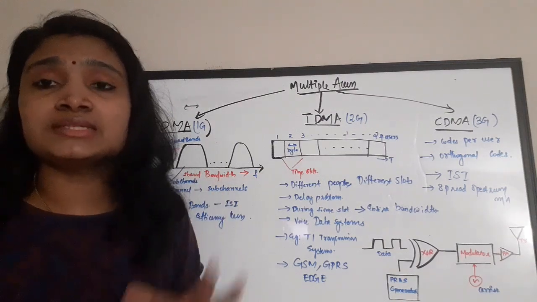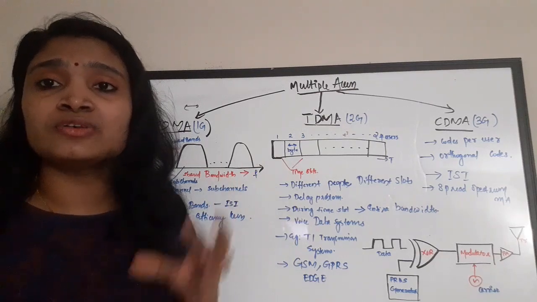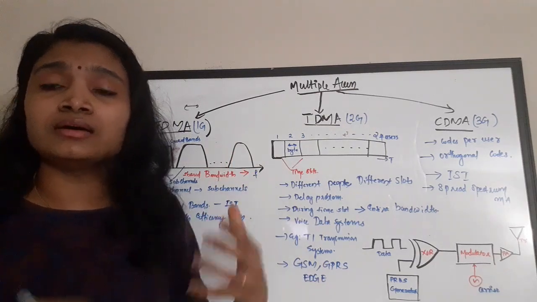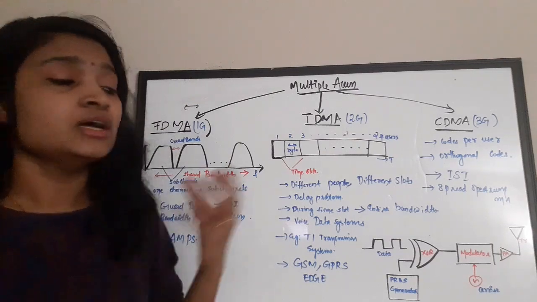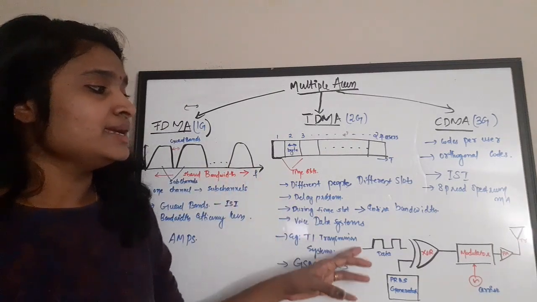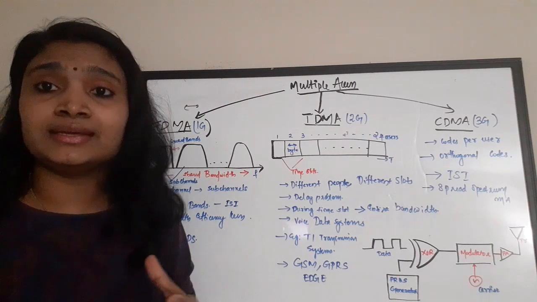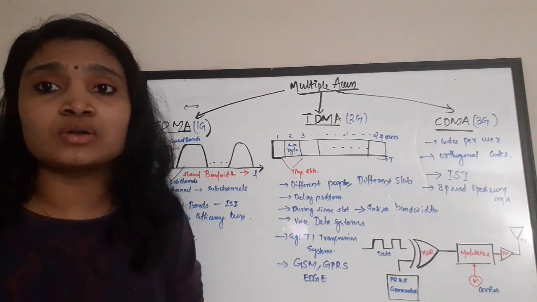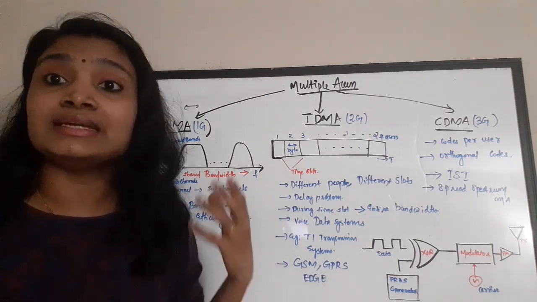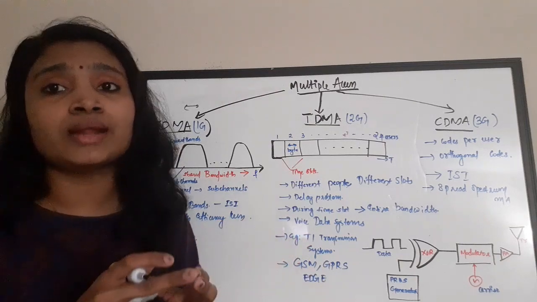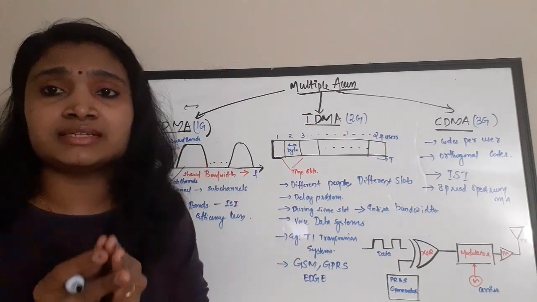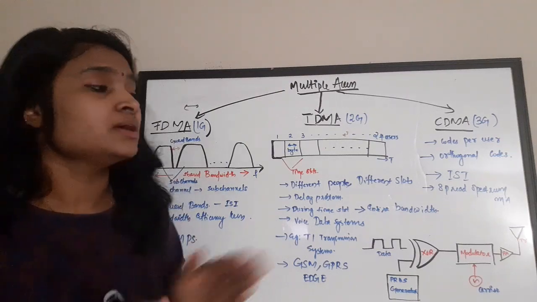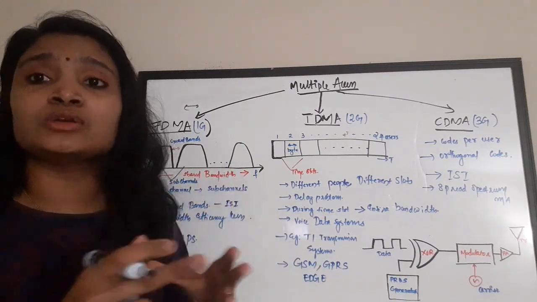That is, the concept is to take the XOR of the data or some information. Generally, binary information will be sent, right? So we are taking the bitwise XOR of this binary information with the pseudo-random sequence. And this pseudo-random sequence with this data will form a code. Okay, so that is the code for that particular user.